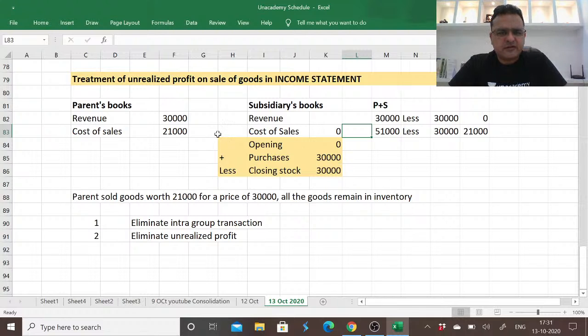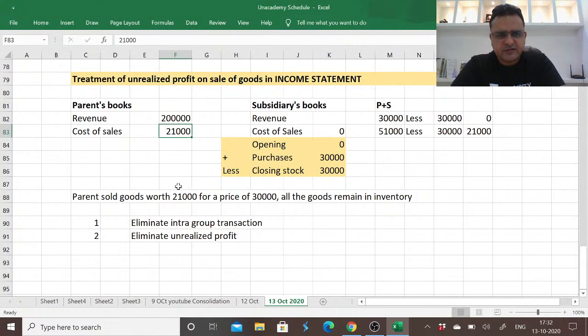So if you noticed, suppose this entity was earning total revenue of 200,000, and it had sold goods worth 150,000, with cost of goods sold of 120,000.